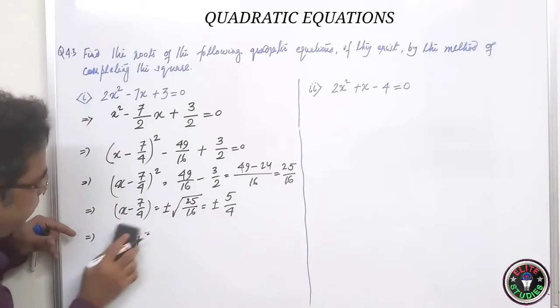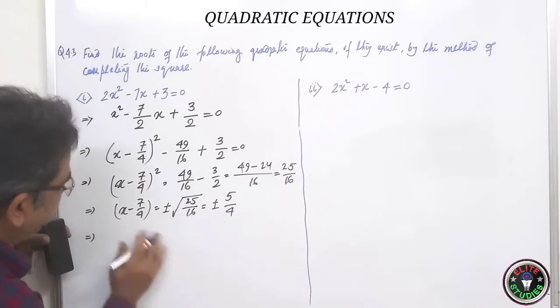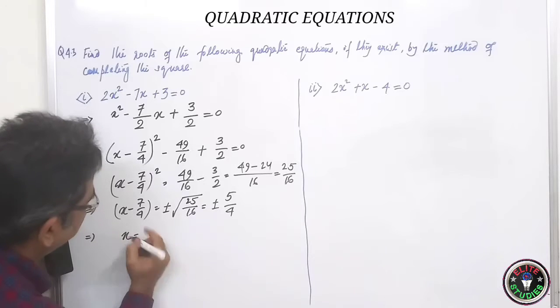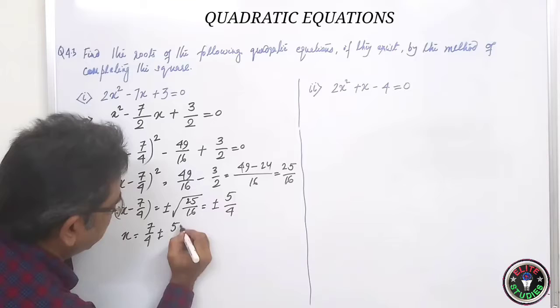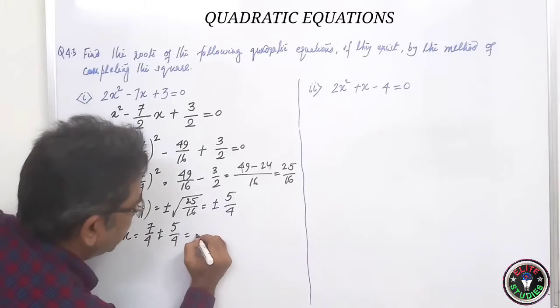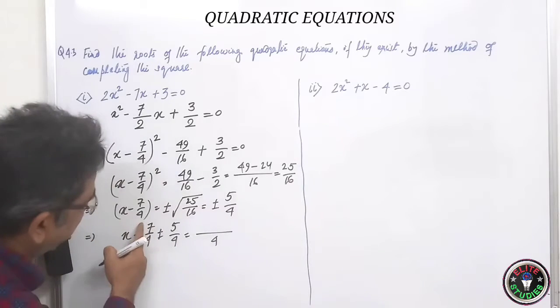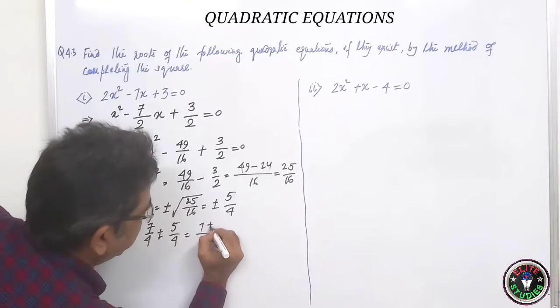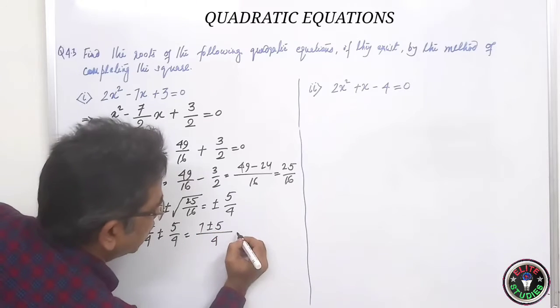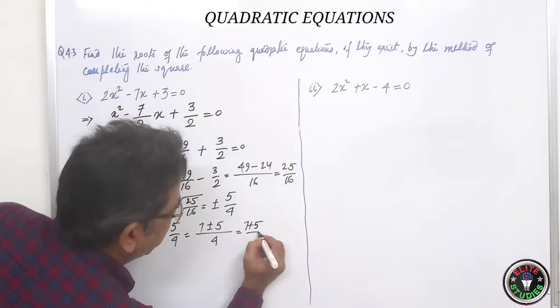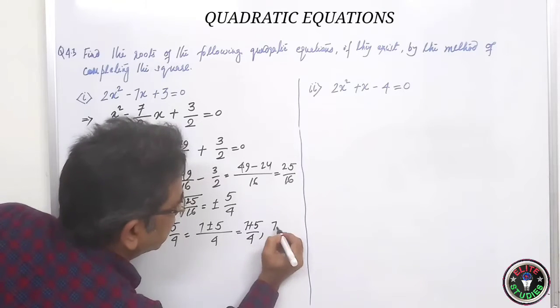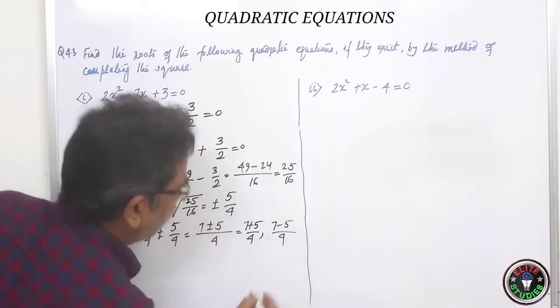Or you do one thing. You take this thing to that side. So x will be 7 by 4 plus minus 5 by 4. You get LCM as 4 and it is 7 plus minus 5. So what you will get? You will get 7 plus 5 by 4 or you will get 7 minus 5 by 4.